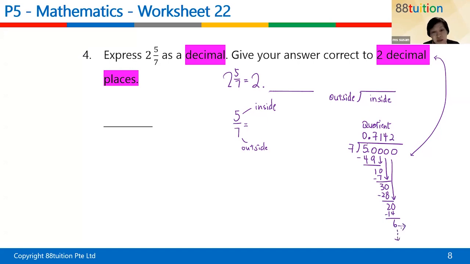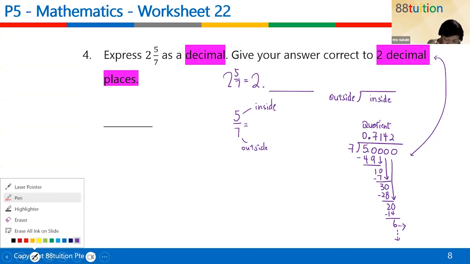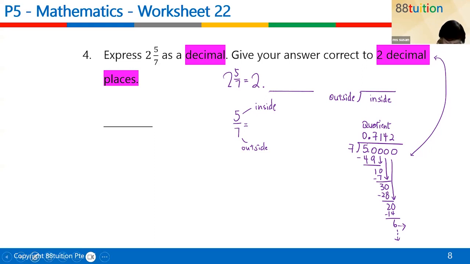It's unlimited, right? Okay, but they want 2 dp, right? 2 dp means 2 decimal place. So where is the 2 decimal place? Let me show you the highlight. I put this 2 decimal here and here. Okay, probably red is a little bit hard to see, maybe I use 2 decimal, 1, 2.